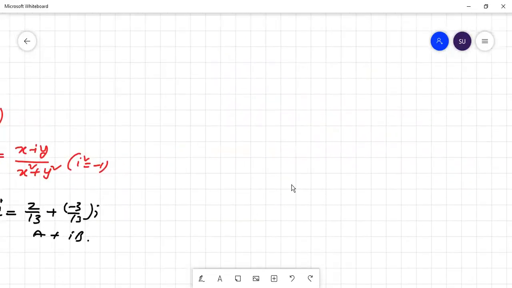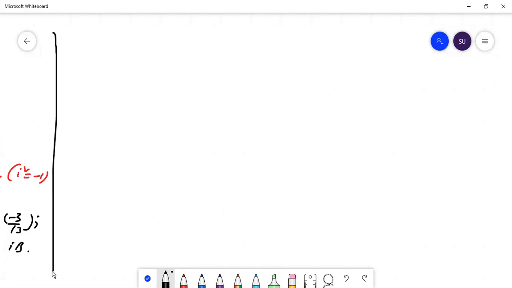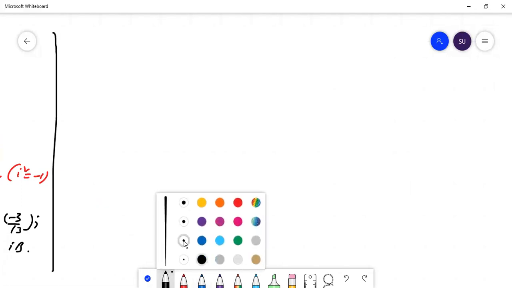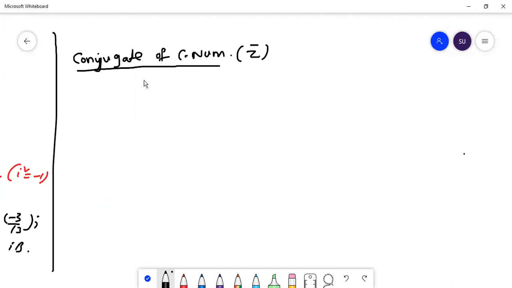Next definition is conjugate of a complex number. It is denoted by the letter Z bar, you may write it as Z bar.